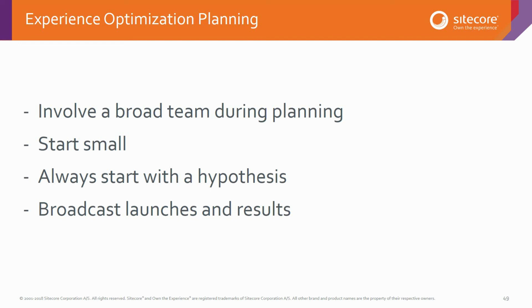But just remember to blast out the test at launch and then follow up once the test reaches statistical significance. Follow up again with a short description of how the test went. It's also helpful to create a monthly results sharing meeting where you can talk about the highlights of recent tests and what worked or what didn't.